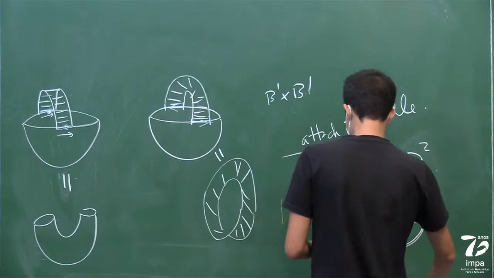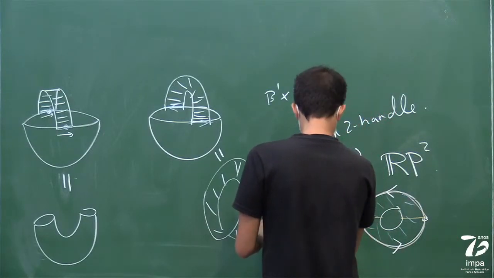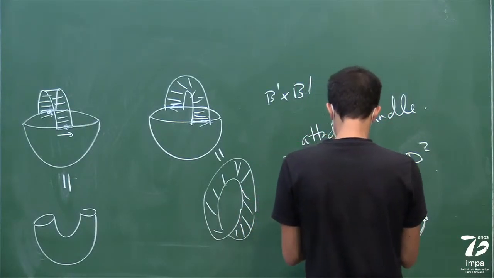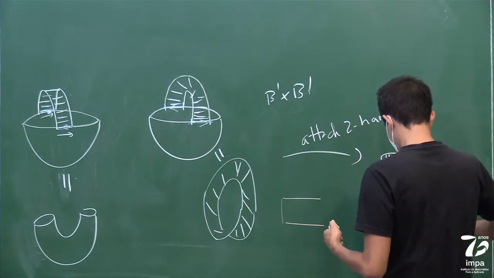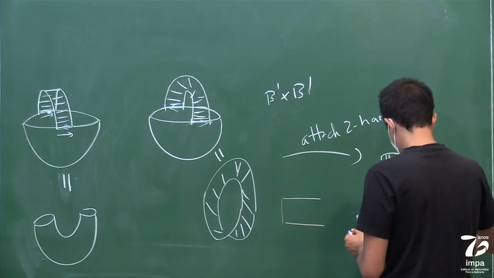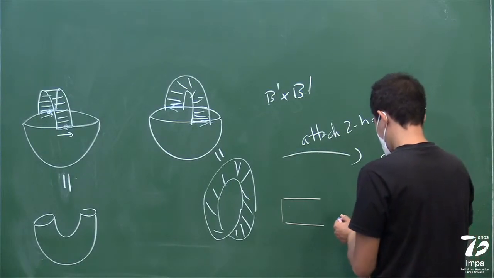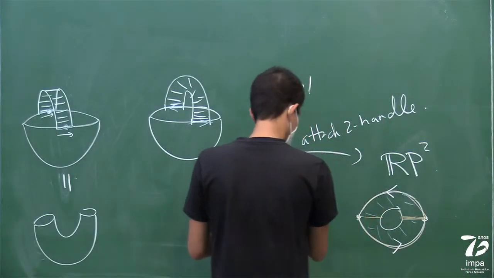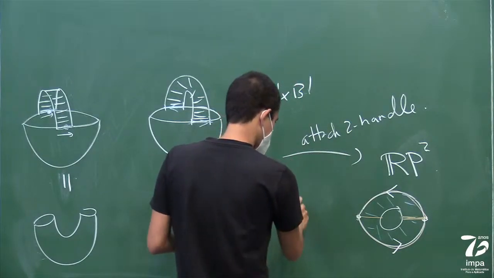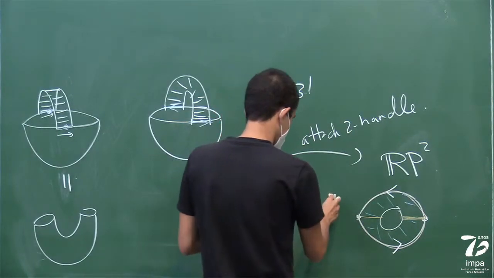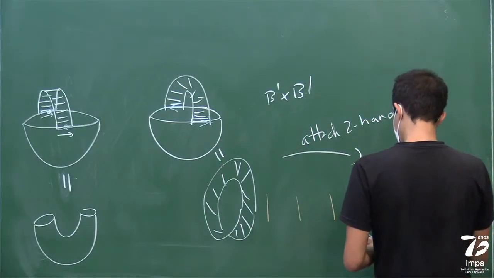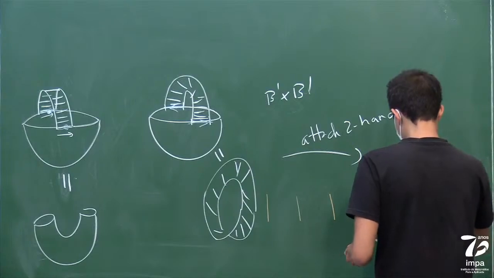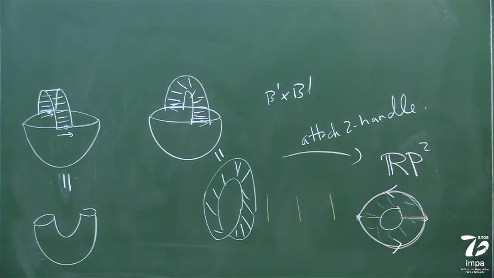So you have this. Well, this is gray. So orange, gray, orange. Or maybe you don't even need this. No, I think it's good to have the gray. So you cut it up like this.